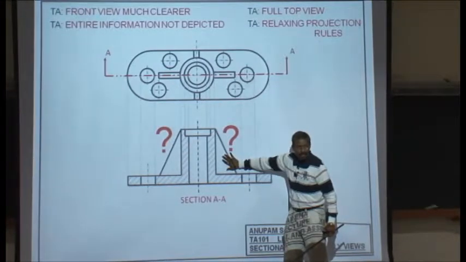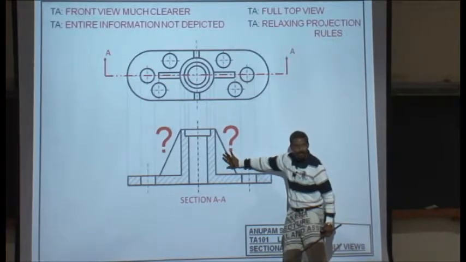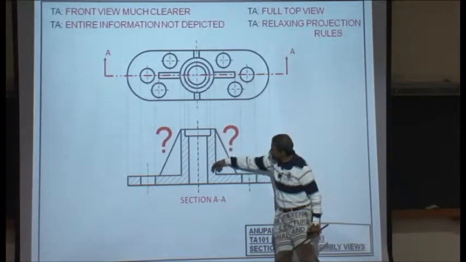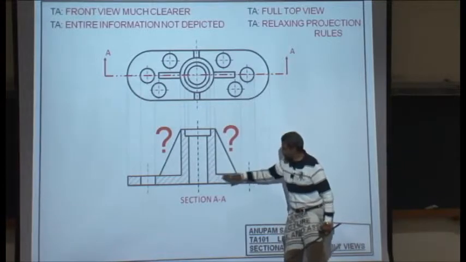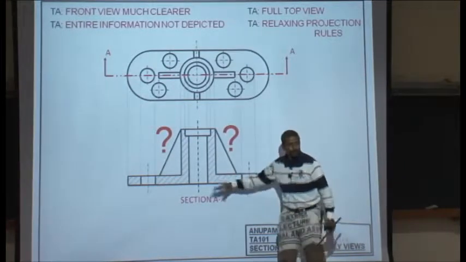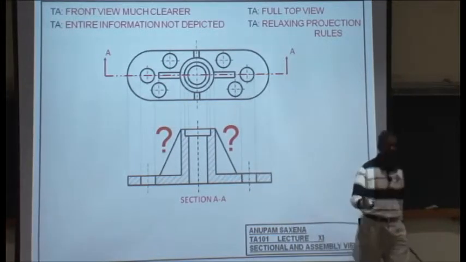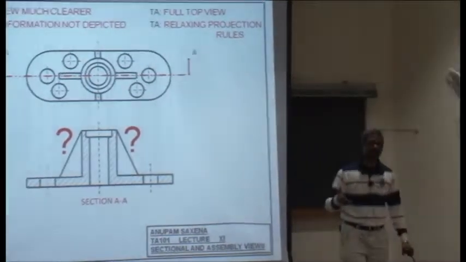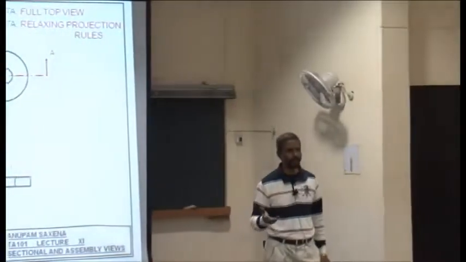This need not be there in the object. But since it is there, it ensures that this cylindrical feature stays perpendicular to the base of the object. So it's a supporting element. It's not the machine part, but it's a supporting element. It's called a rib.